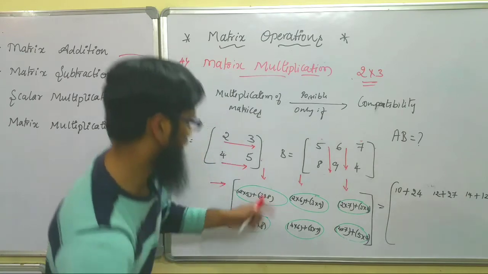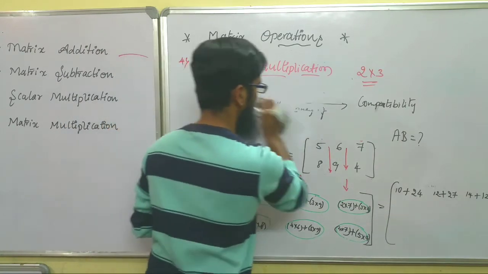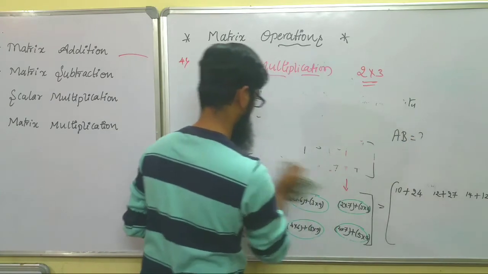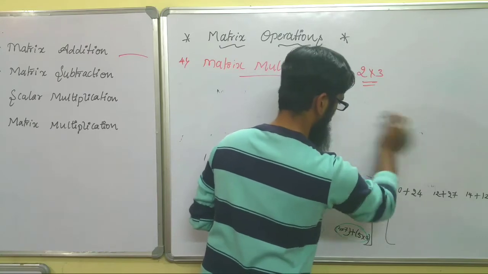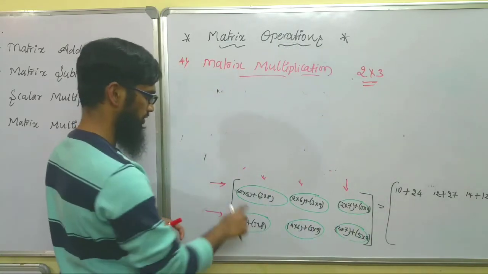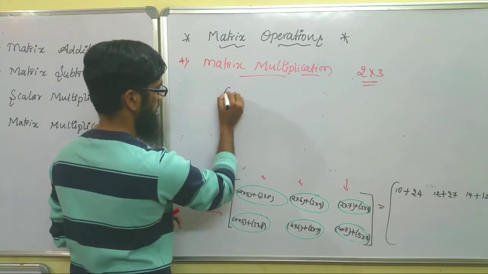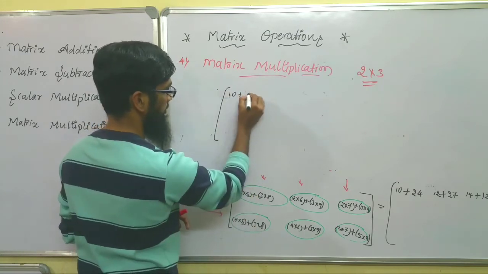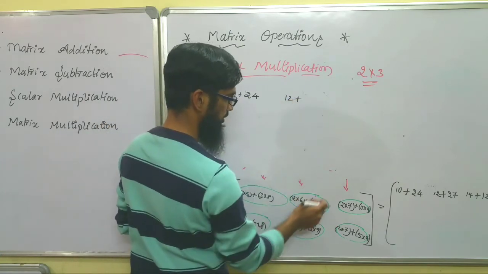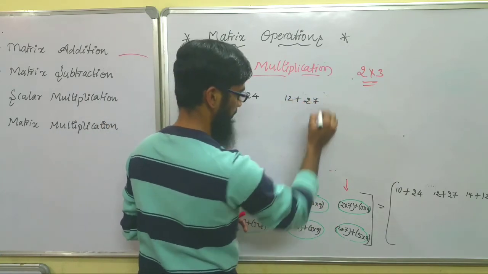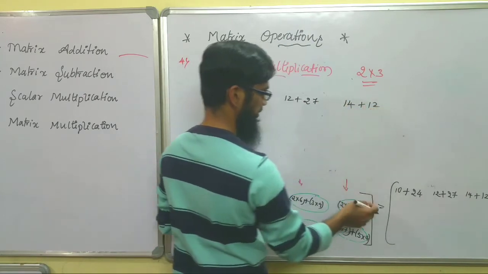The remaining terms are very simple, just multiplication. So 2 into 5 is 10 plus 24. 2 6s are 12 plus 9 3s are 27. 2 7s are 14 plus 3 4s are 12.